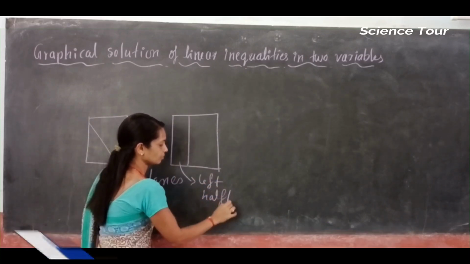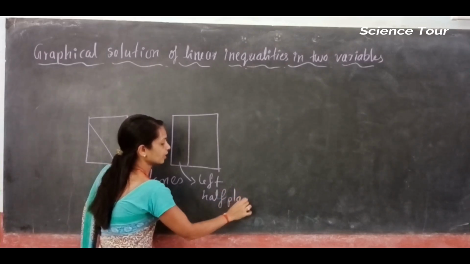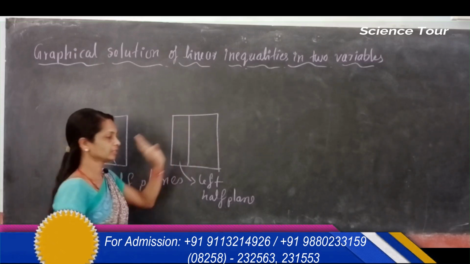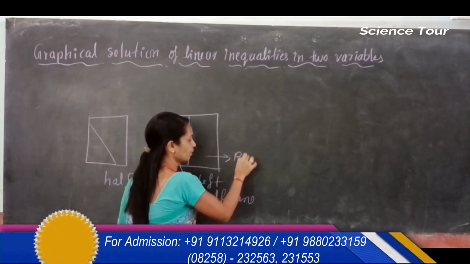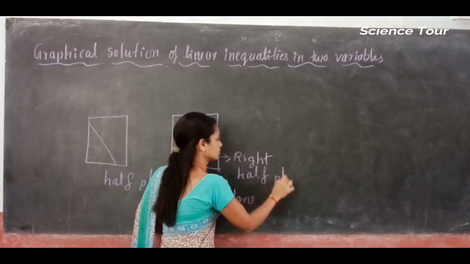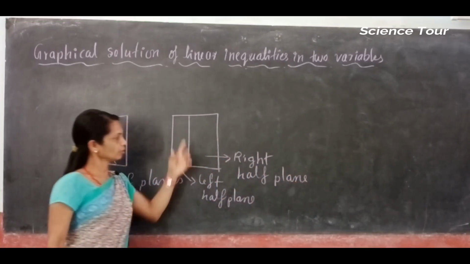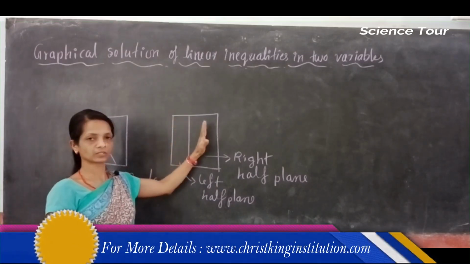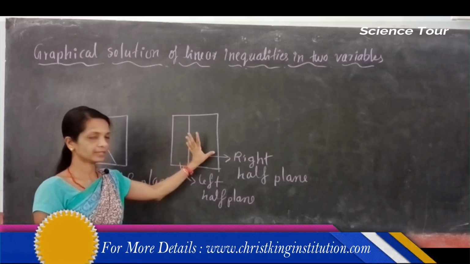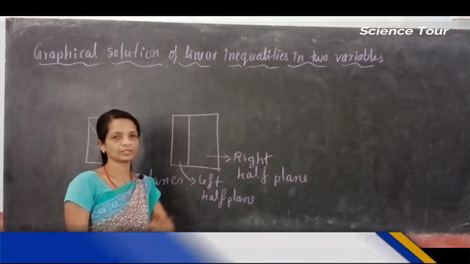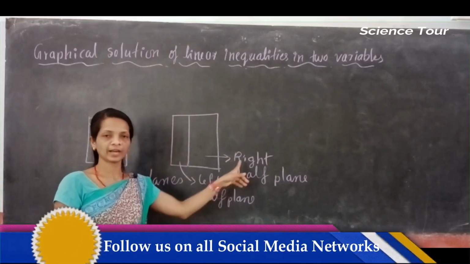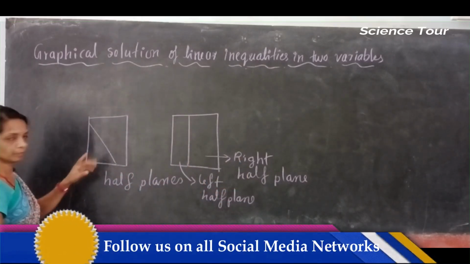And the right part of this vertical line is called the right half plane. So because of this vertical line you have two parts in the plane. When you have a vertical line you have a left half plane and a right half plane.